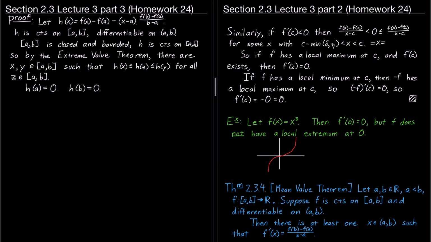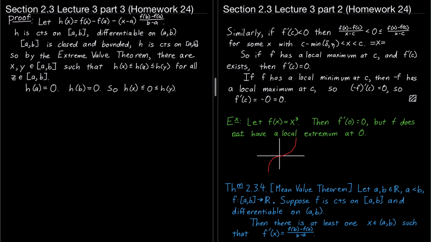Simple arithmetic, simple algebra, everybody in this class can do it. So we have that h of x, our minimum, is less than or equal to 0, taking z to be a or b, and it's less than or equal to h of y.